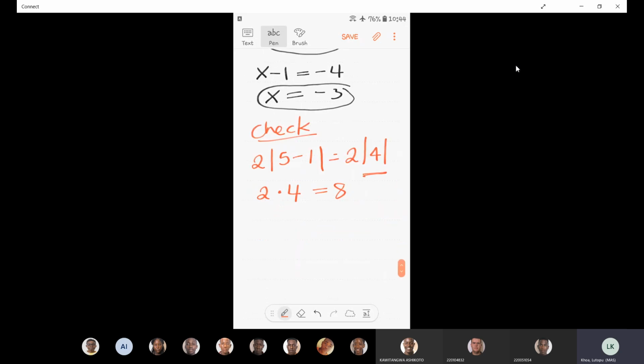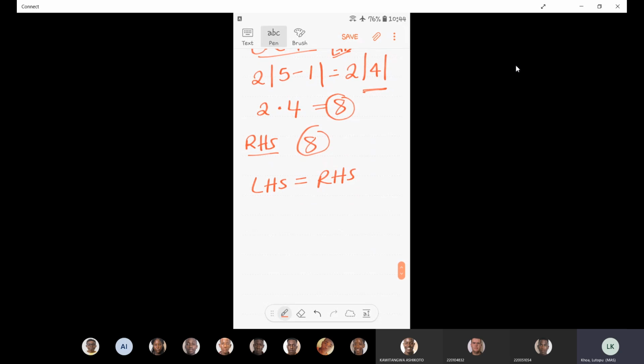And then on the right hand side, I have 8. There's nothing to work out there. Then I look, my left hand side and my right hand side are equal. Then I make a conclusion, x equal to 5 is a solution.